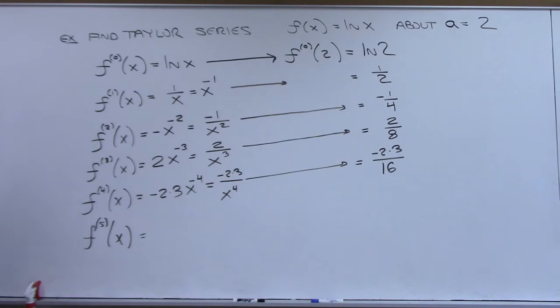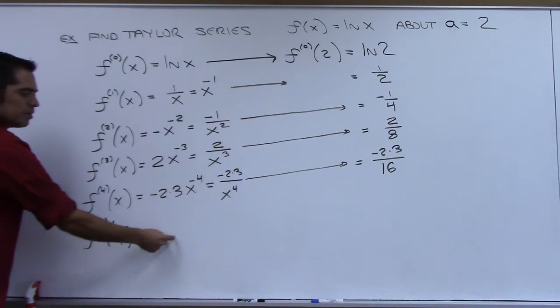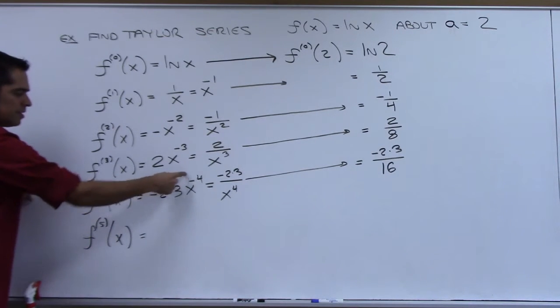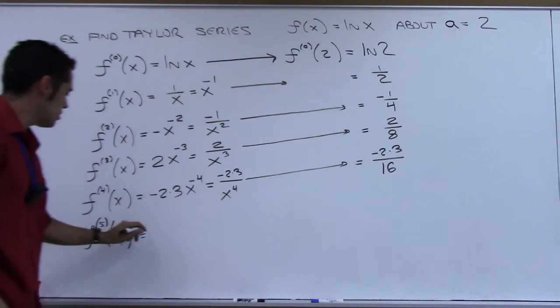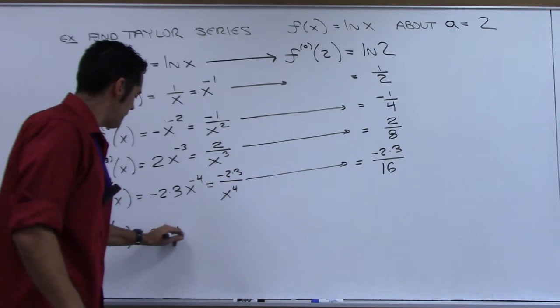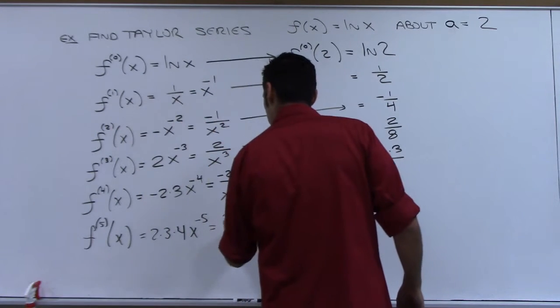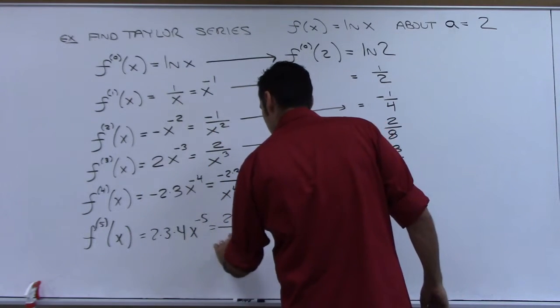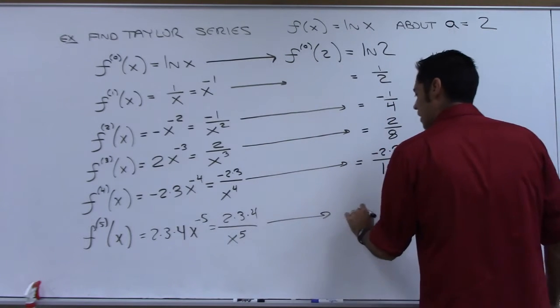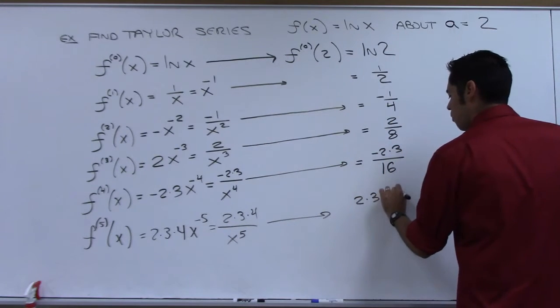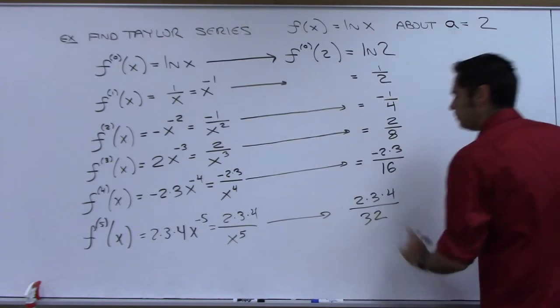What? 2 times 3 times 4? Because it's negative and negative. So 2 times 3 times 4, x to the negative 5, which is 2 times 3 times 4 over x to the 5th power. Plugging in 2 times 3 times 4 over 32.